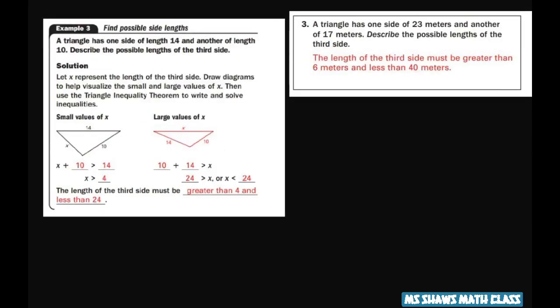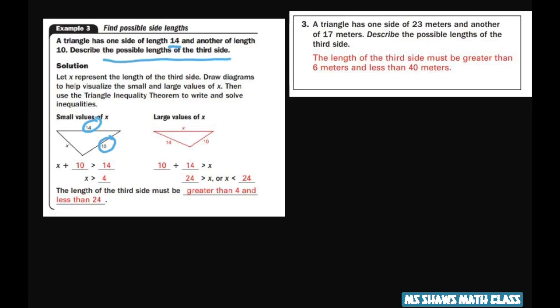All right, now we get a little more technical. A triangle has one side length of 14 and another side length of 10. We have to describe the possible lengths of the third side.